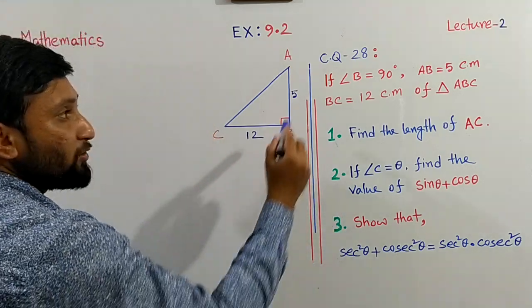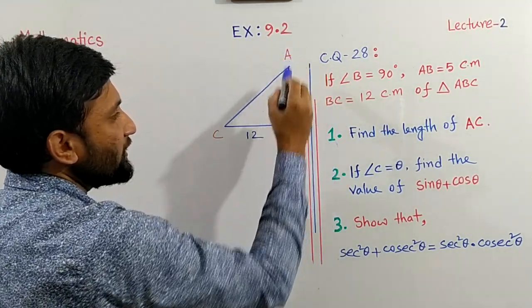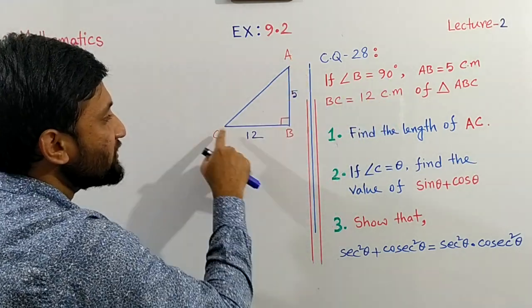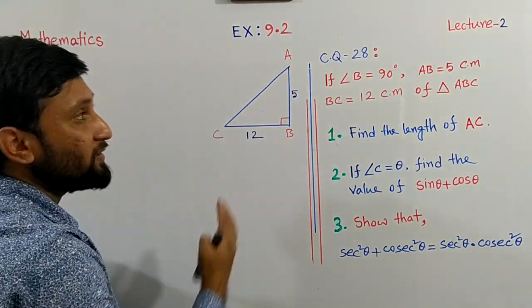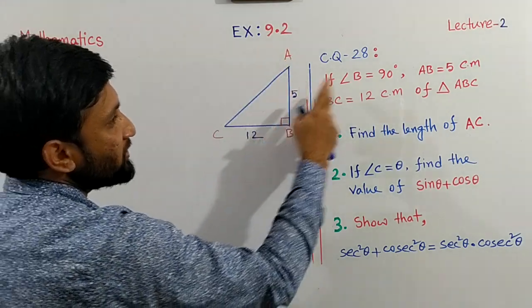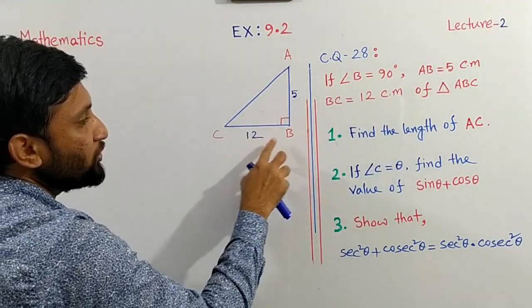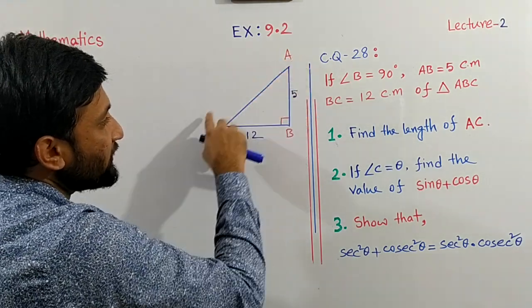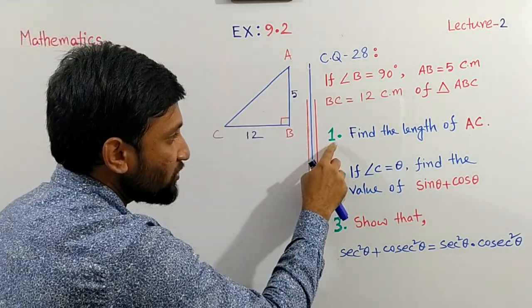So at first, according to the scheme, draw a triangle ABC where angle B is 90 degree. That means ABC is right angle triangle and the other side length of AB equals to 5 centimeter and BC equals to 12 centimeter. So we have to find the side length of AC in question number 1.